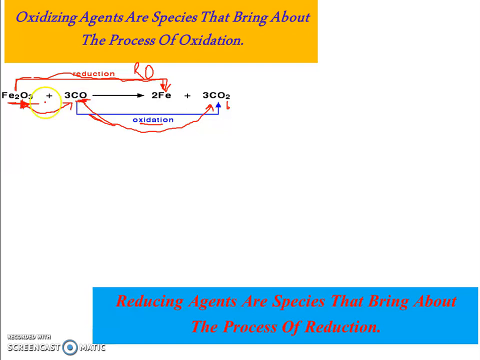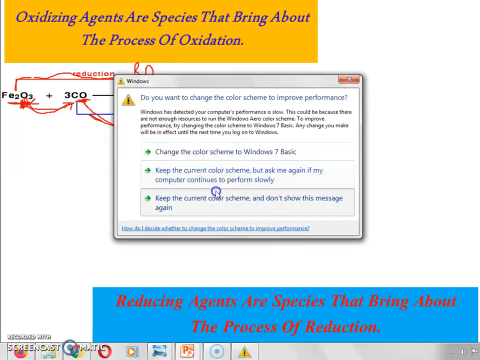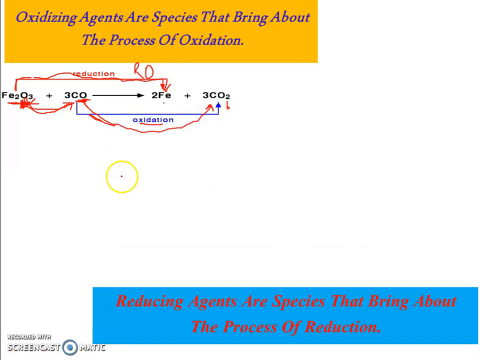It will end up removing the oxygen you have here, thereby reducing iron 3 oxide to just the normal atom as you have it here of iron. So the substance that is responsible for removing oxygen from this one, that now made it result to become just your iron, is your what? Your reducing agent.